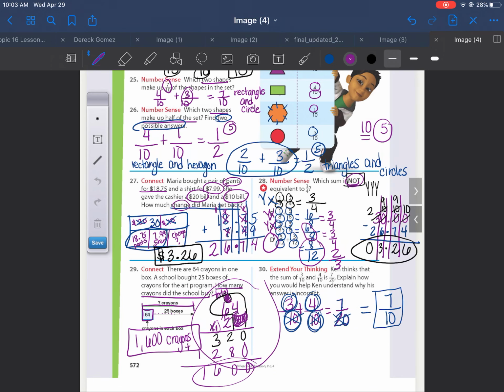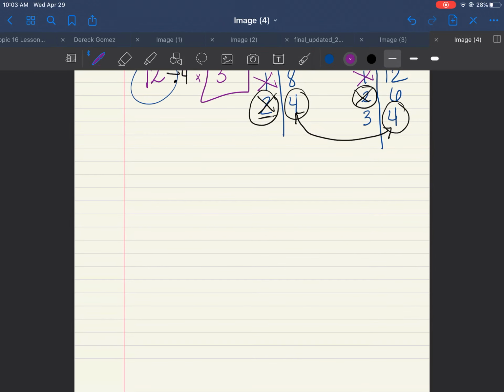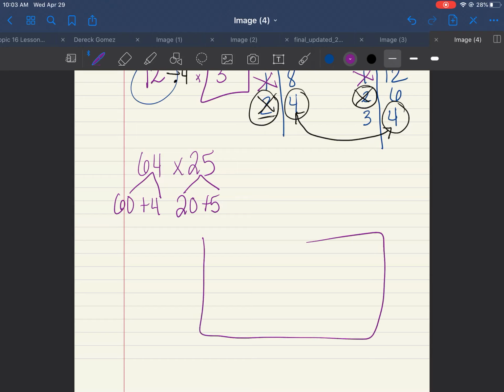Now, if you're multiplying and when I was doing the turtle head, you were lost. Remember that this same problem we could have done in a box. 64 times 25. We could have done the window. 64, we decompose it with 60 plus 4.